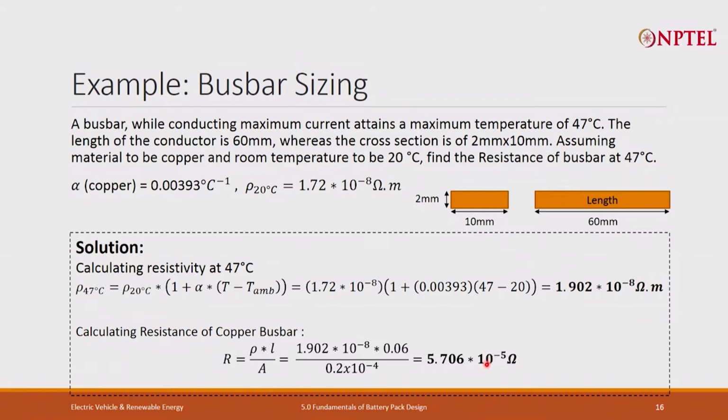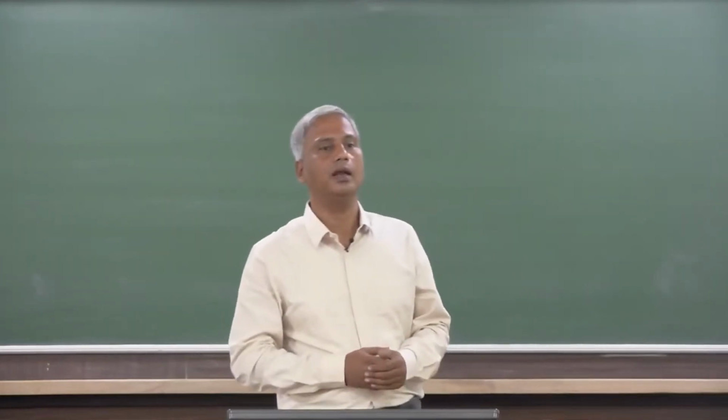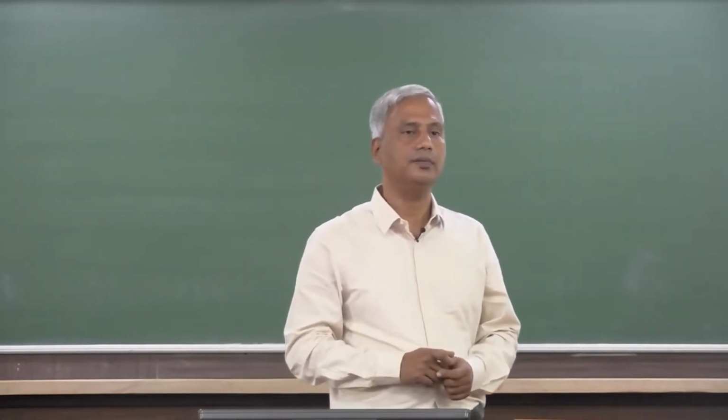So, 60 mm is how much? If you would have seen, my cell width itself was around 20 mm when I was talking about the prismatic cells, where I talked about 8P 8S configuration, and later we came down to 2P 16S configuration.